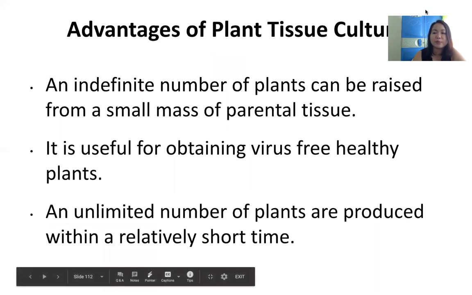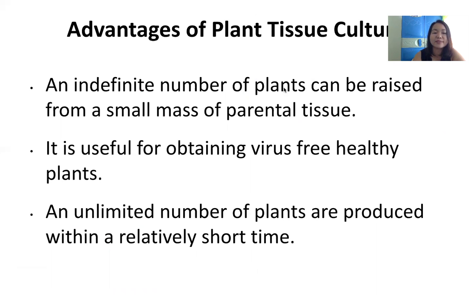Why is tissue culture more advantageous? Because you can mass produce an indefinite number of plants from a small mass of parental tissue. So if you need thousands of hectares for different companies and millions of seedlings, you can readily produce that in about 6 months.